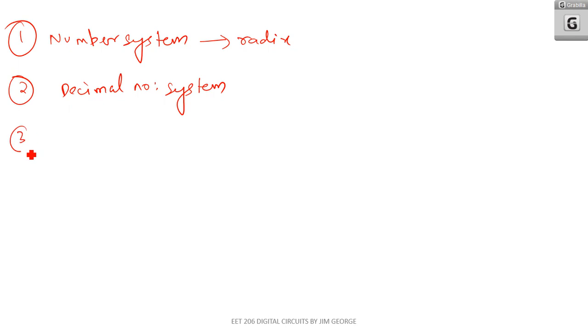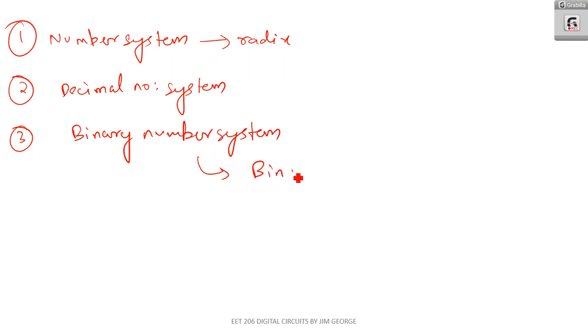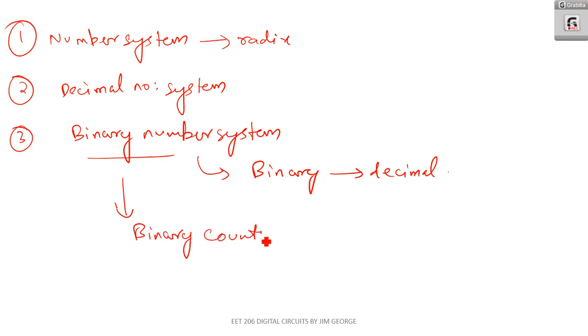Third, we have discussed the binary number system. And we have also dealt with how to convert binary to decimal, and in the binary number system, we have also dealt with binary counting. So that is an overview of this lecture.